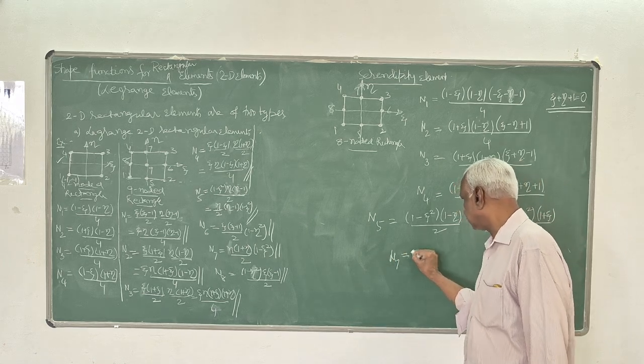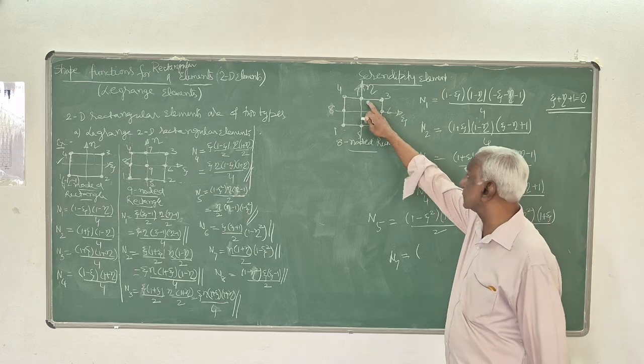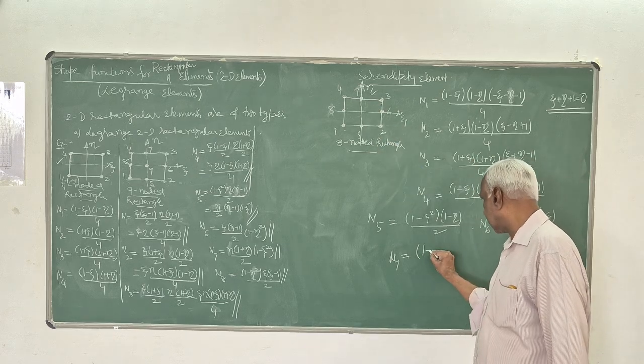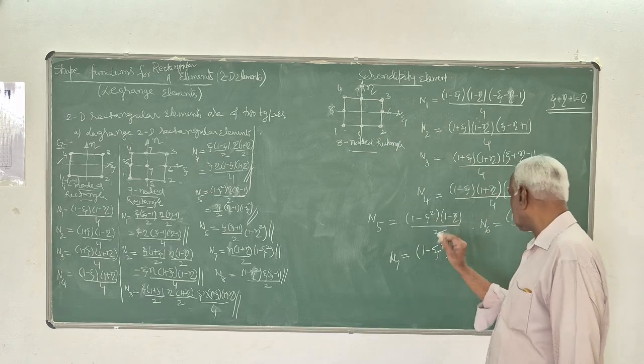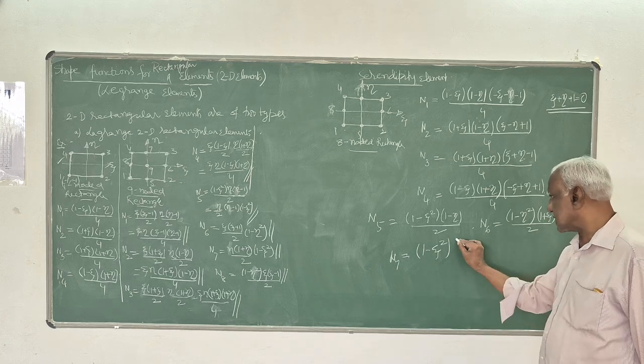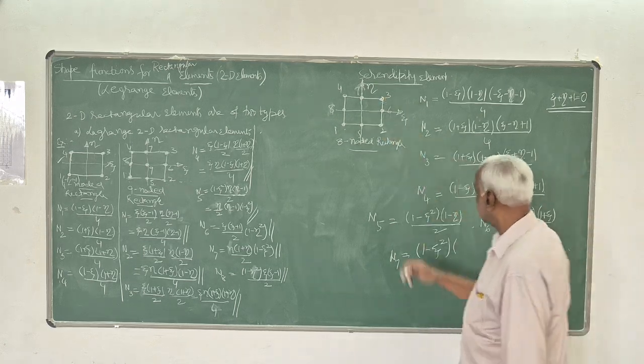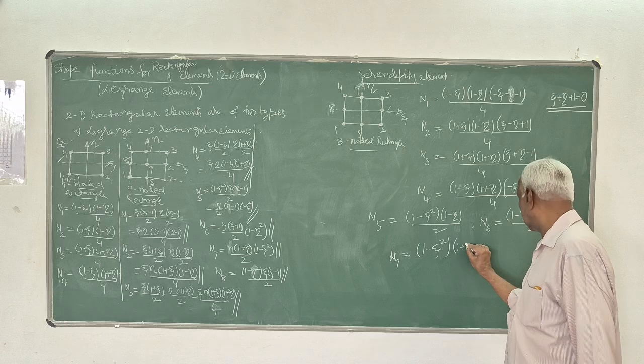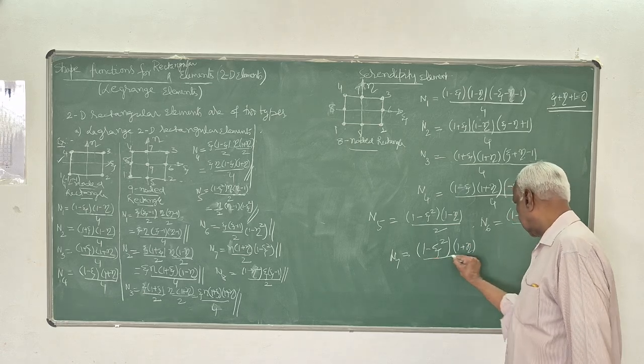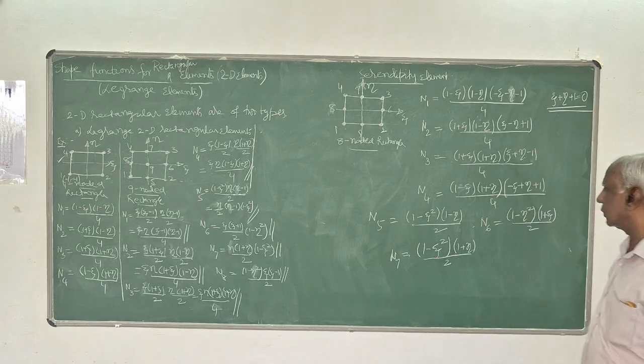Then N7 is (1 minus psi square), it is in the plus beta direction, so (1 plus beta) by 2.